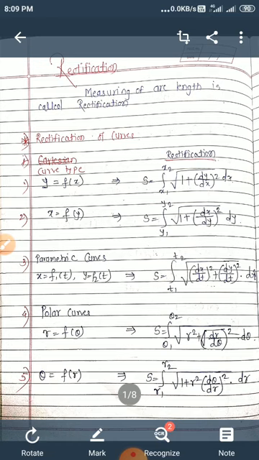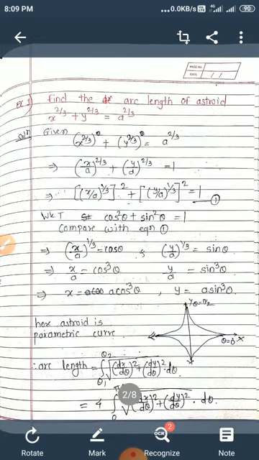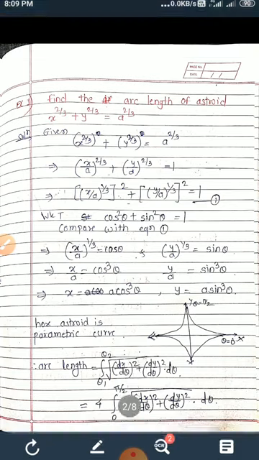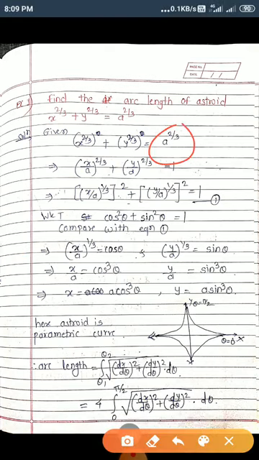Now let's see one example. The example is: find the arc length of the asteroid. The asteroid is x raised to 2 by 3 plus y raised to 2 by 3 is equal to a raised to 2 by 3. Now this can be expressed as a parametric curve. Let's divide by a raised to 2 by 3 on both sides.